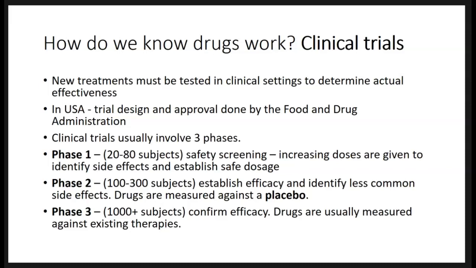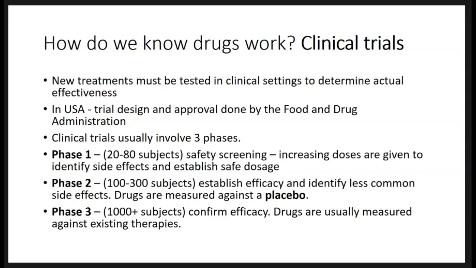This allows people in both experimental groups to be unaware about whether or not they're receiving a real or fake drug. And it allows the effectiveness, or the efficacy, of the drug to be determined as the amount of patients who do better in the drug group compared to the placebo group.